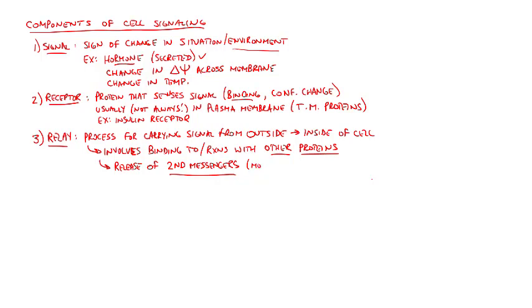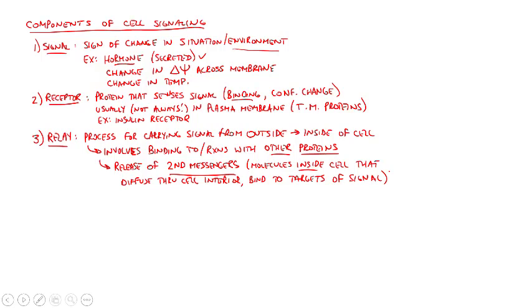Second messengers are molecules inside the cell that diffuse through the cell interior and bind to targets of the signal. In some cases, second messengers are small molecules. We'll see an example of that, of a small polar freely soluble molecule. In other cases, second messengers are proteins.